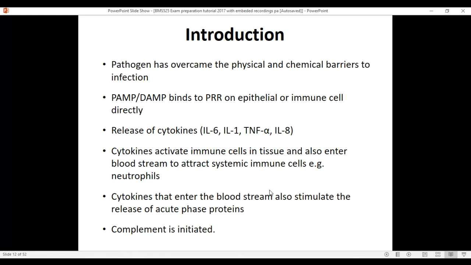So for instance, a PAMP for a bacteria might be part of its cell wall, say for instance LPS, or for a virus it might be genetic material or part of the virus's protein code. Okay, so they're components or antigens, if you like, that are derived from the pathogen.